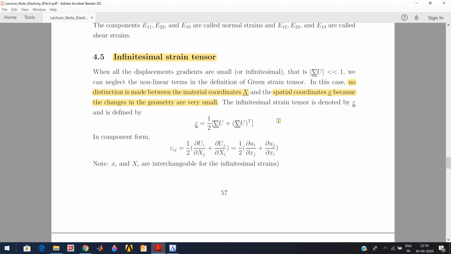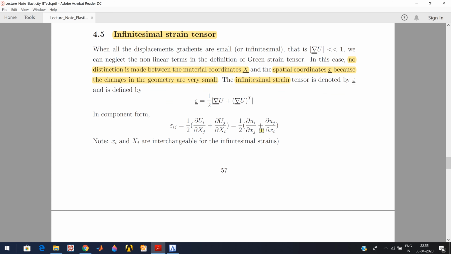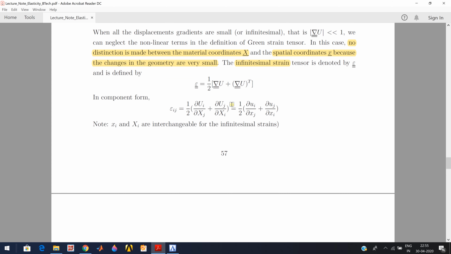Okay, so this infinitesimal strain tensor is denoted by epsilon, which is half times grad u plus grad u transpose, and this is also a symmetric tensor by definition. A matrix plus its transpose is always a symmetric matrix, and the component forms will be denoted by this.